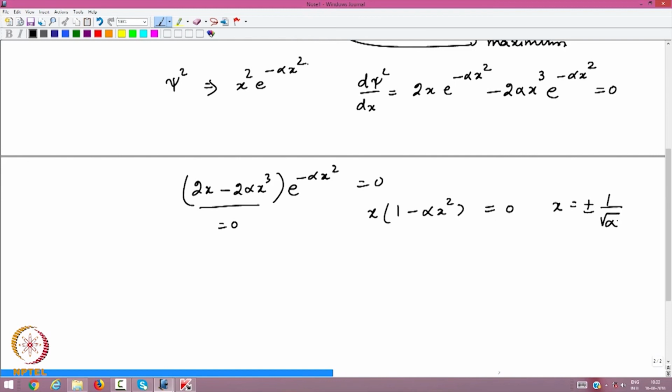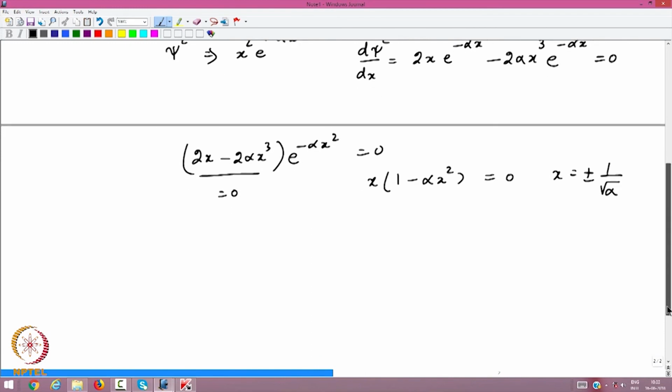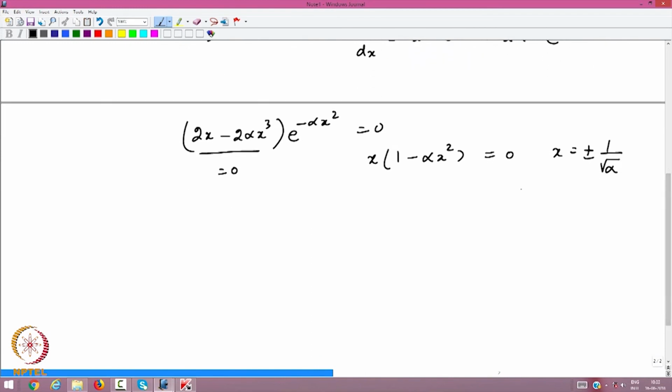Okay. So, if you recall the probability, you also have one more result, namely x is equal to 0. So, there are 3 values of x for which the derivative is 0: x is equal to 0, x is equal to plus 1 by root alpha, x is equal to minus 1 by root alpha.